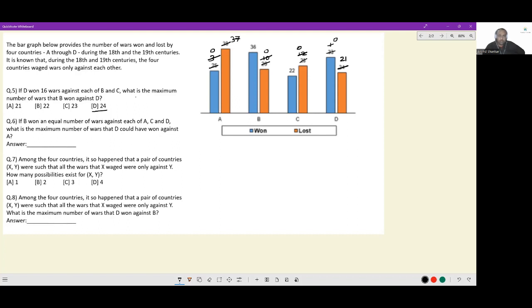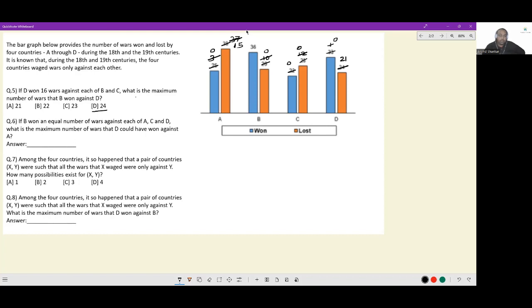It cannot win against B. It can only win against A. This will turn to 0, and this will turn to 22, then 15.